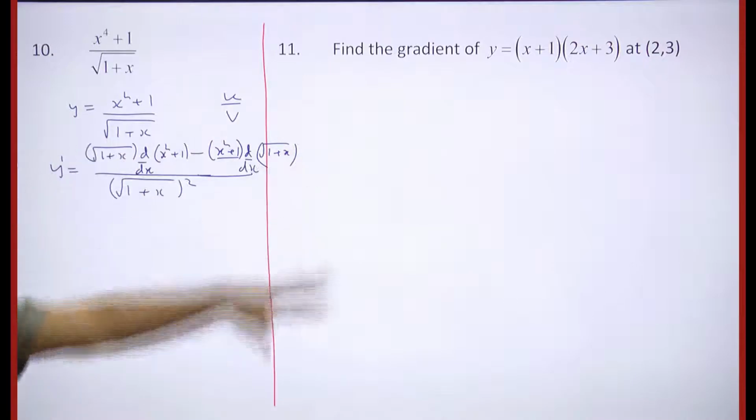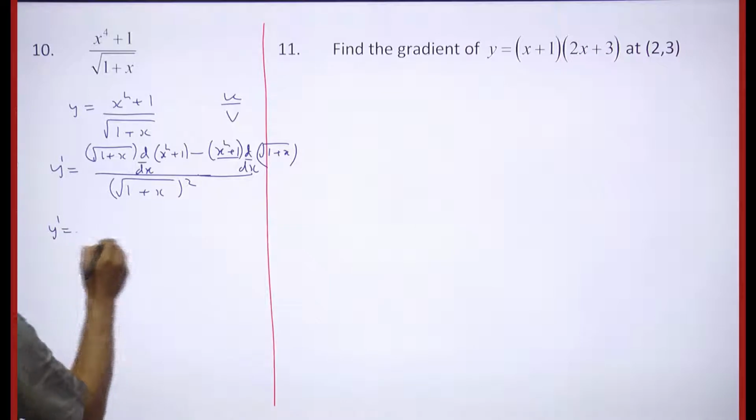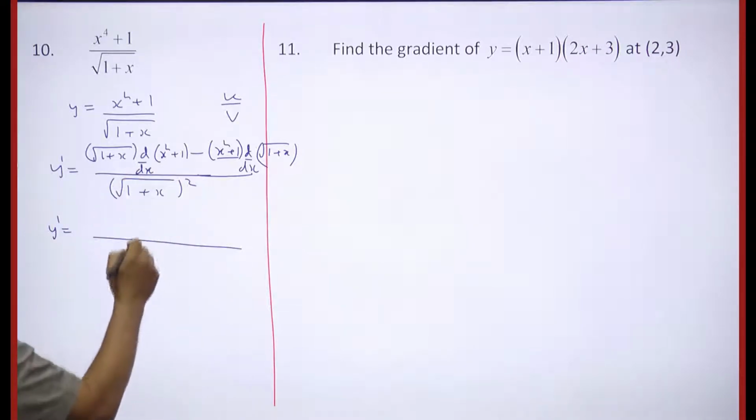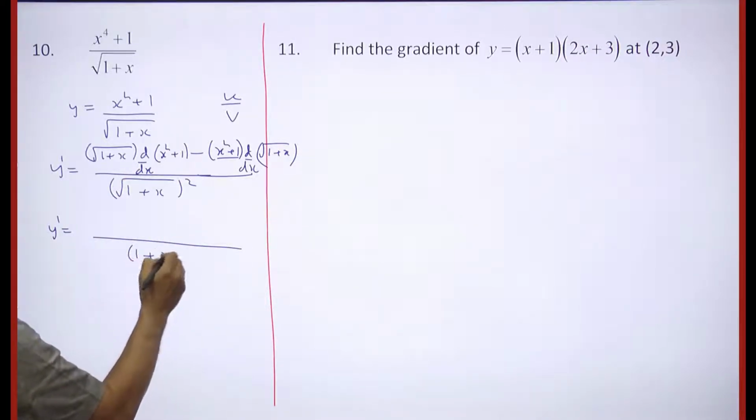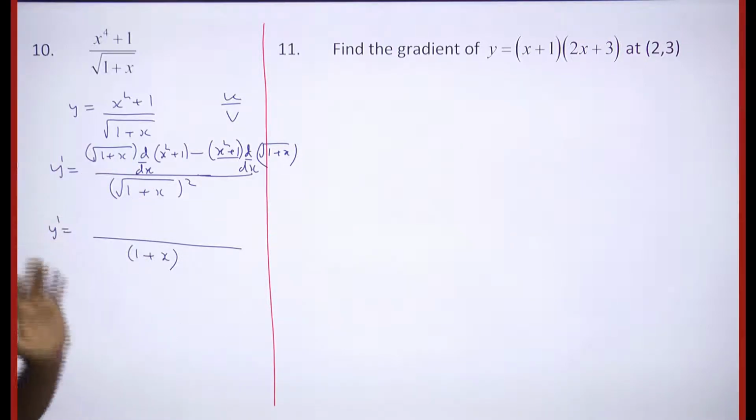Sorry to move out. So let us begin now. So y dash, I told you square root square is nothing but 1 plus x, and then let us go step by step, properly, slowly, patiently.